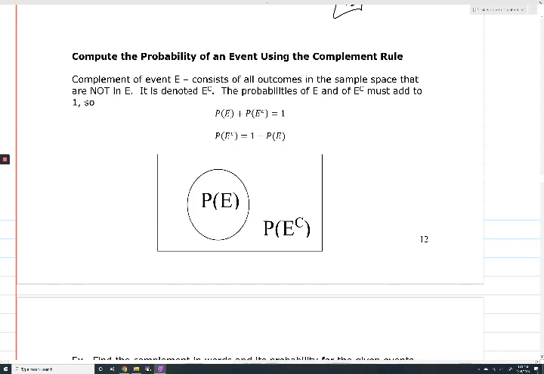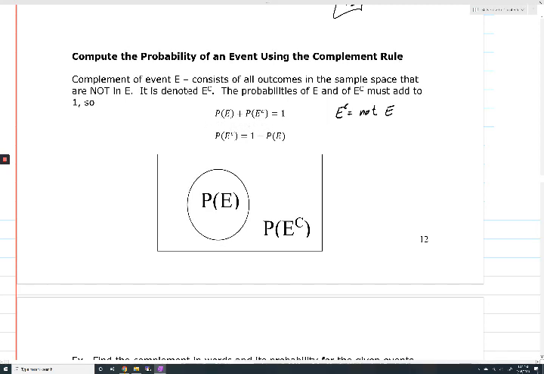Everything else is the probability of not E. So when you see E to the C, that is equal to not E. So that means everything is in either E or not E. So the probability of E plus the probability of not E is always equal to 1.